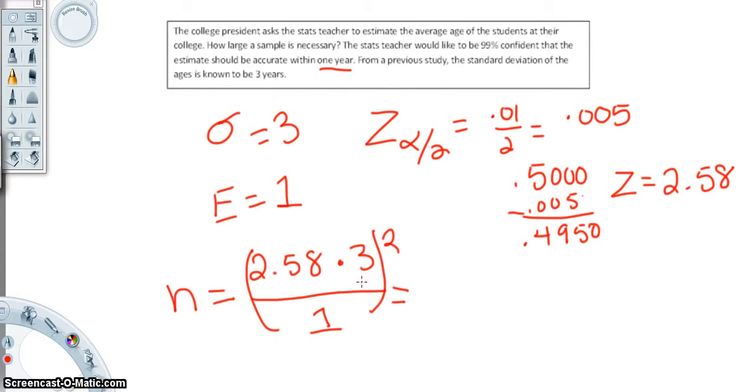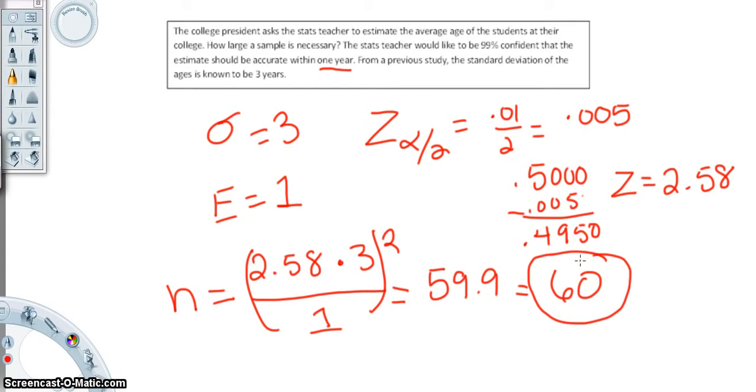When we do the math out here, we get 59.9. Because we can't have a 0.9 student, we round up to 60 students. So the size that we need for a sample would be 60 students. If we don't have the 60 students, we're not going to have an accurate estimate.